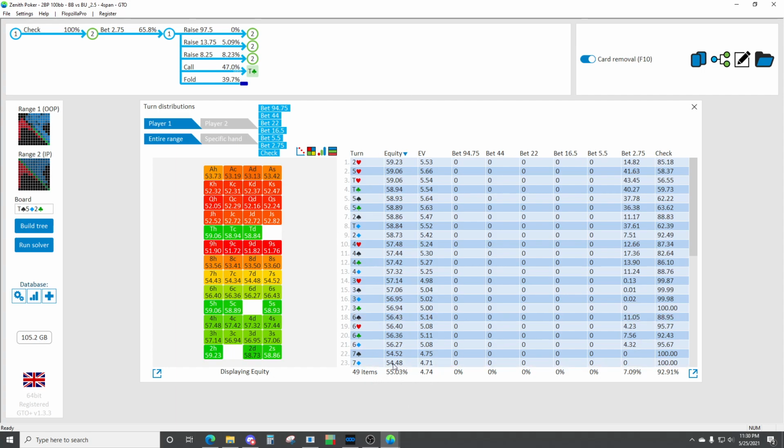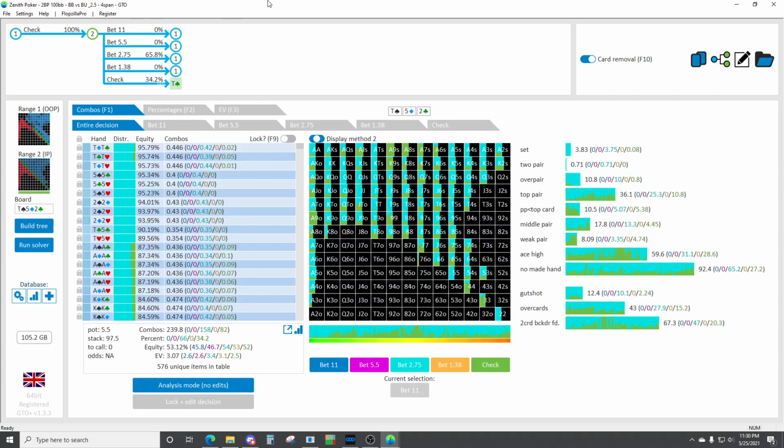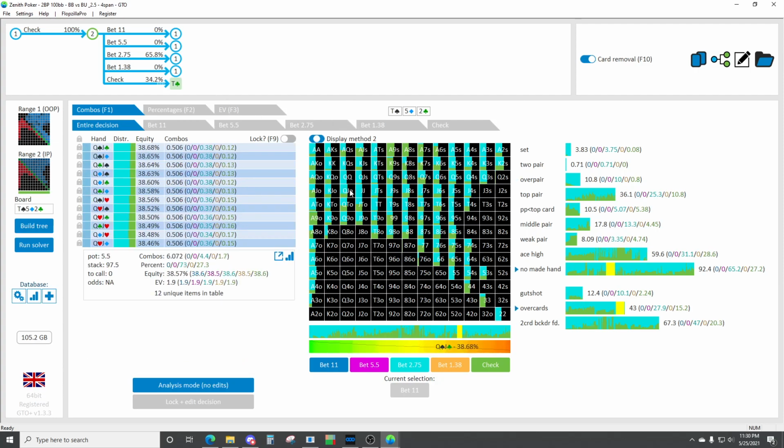Out of position averages out to 55% equity after check calling, because out of position can't check call pure air, but in position can bluff pure overcard air on the flop, like king queen off, queen jack off, queen nine off.